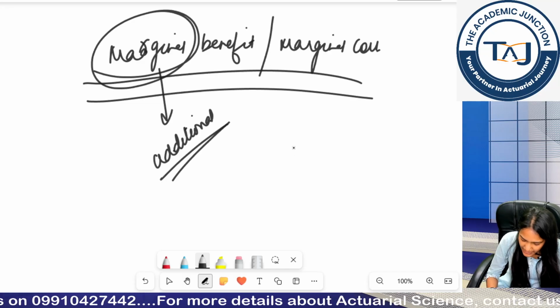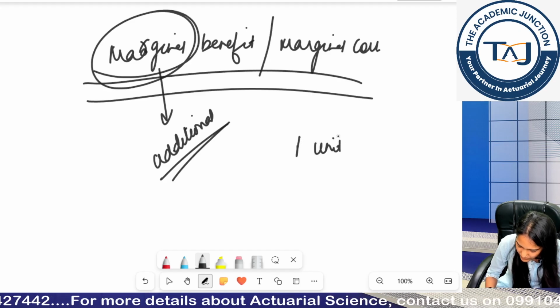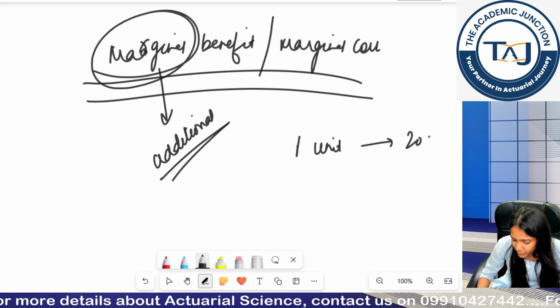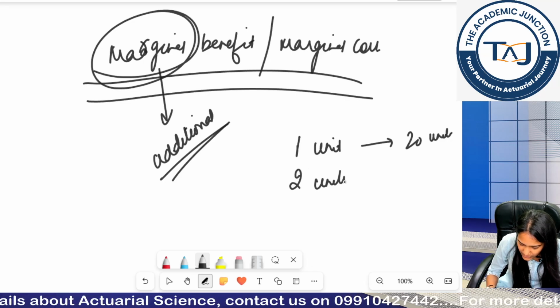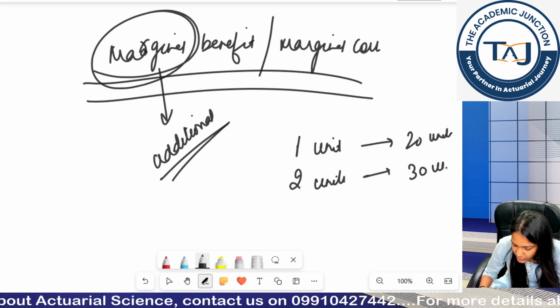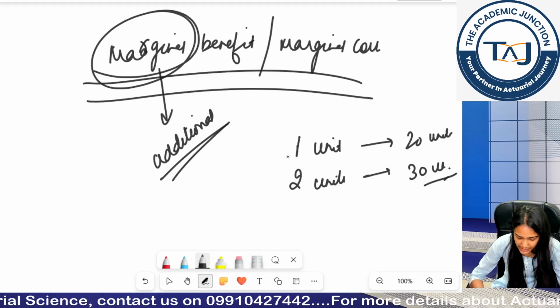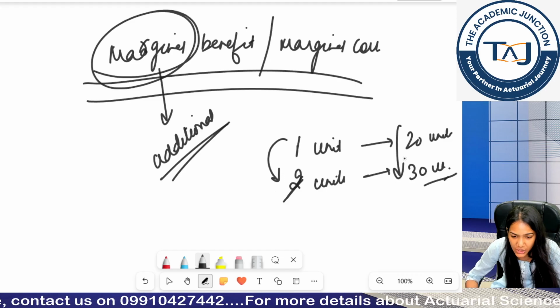Say I am producing 1 unit of cloth, so I am getting a cost of, for example, 20 units. Now I am producing 2 units of clothes and I am getting a cost of 30 units. So what is my marginal cost? It means if I am producing 1 more unit, what is my additional cost?